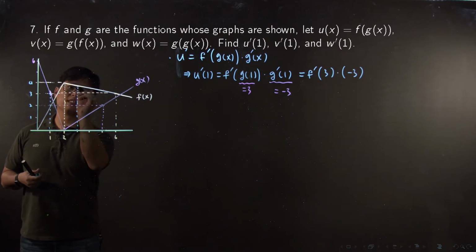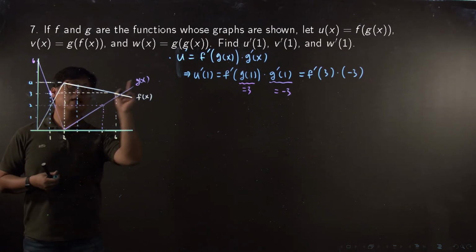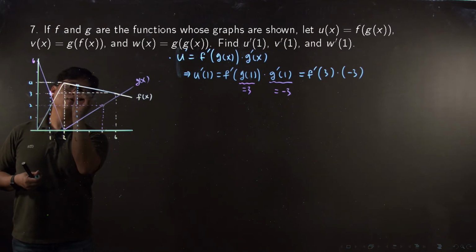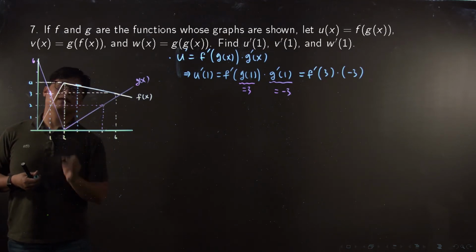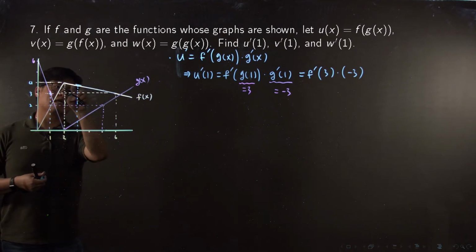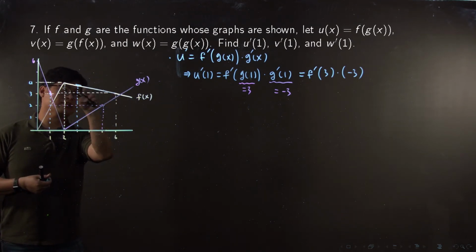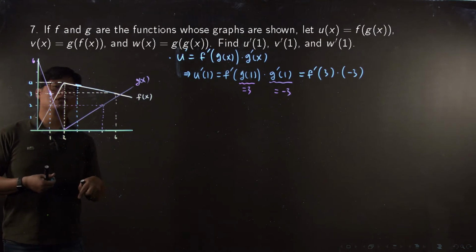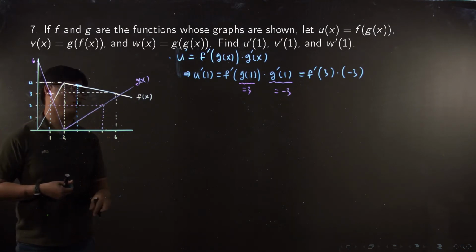Then f prime, which is the slope of the tangent line, is exactly overlapping with f of x, because that is a straight line. So what is the slope of this line? 1, 2, 3, 4 run and 1 down, which means -1 over 4.